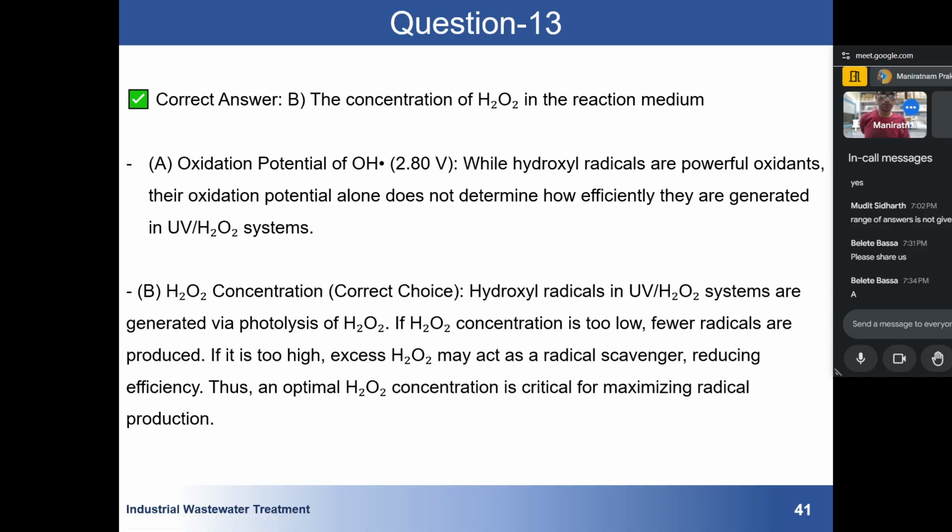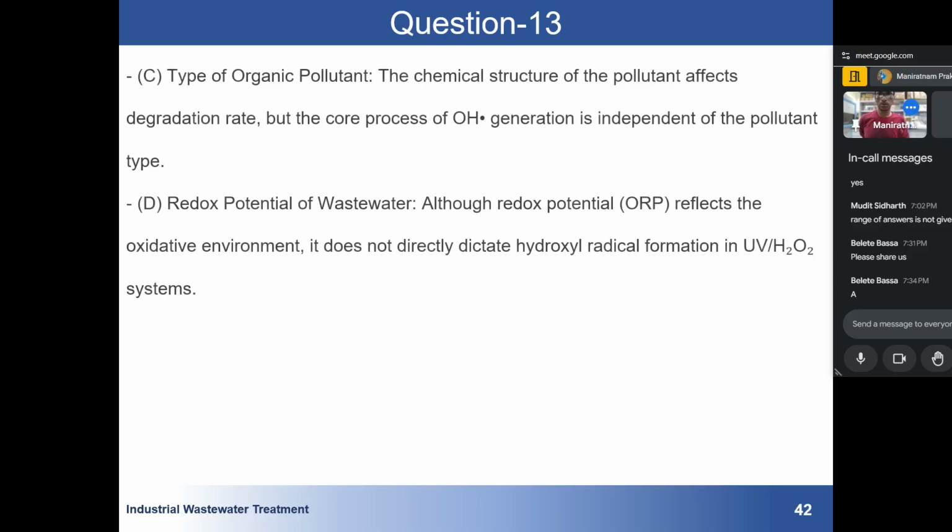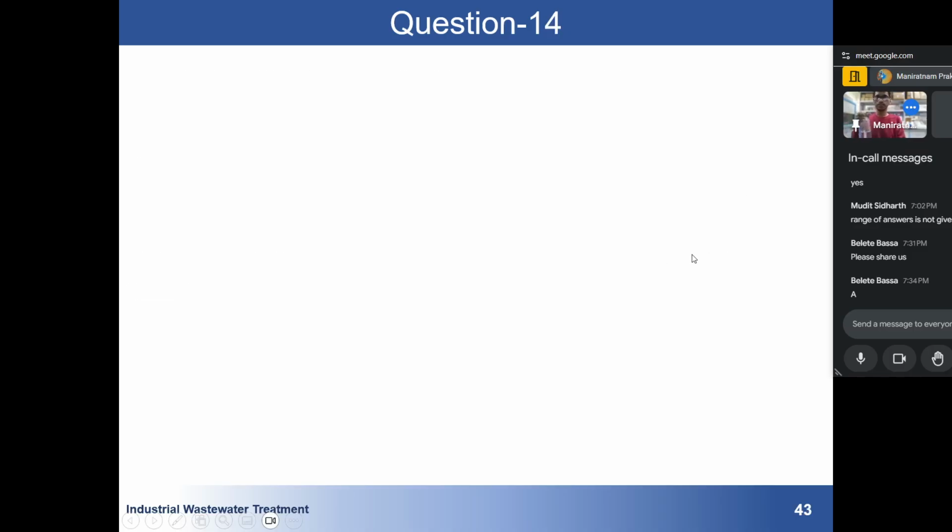I hope this is clear to you. Other options: the organic chemical structure of the pollutant affects the degradation, but the core process is independent of the pollutant type. Redox potential of the wastewater: although ORP reflects the oxidative nature, it does not directly dictate hydroxyl radical formation in H2O2 systems.